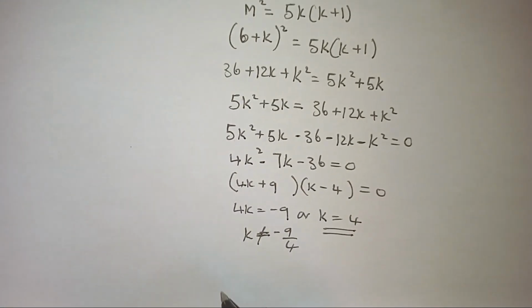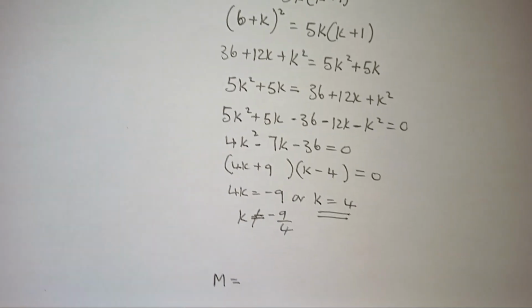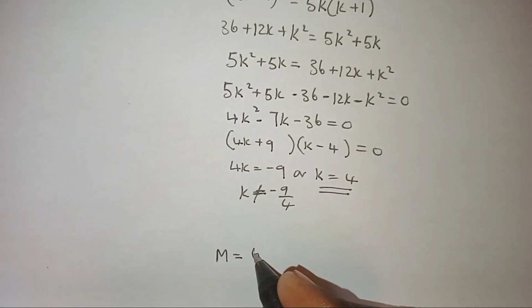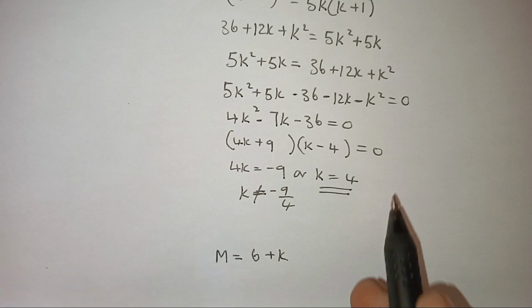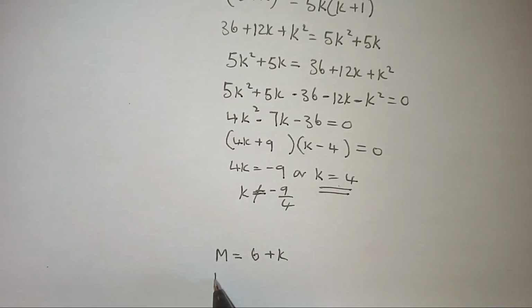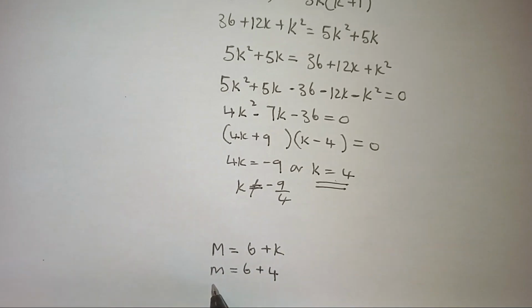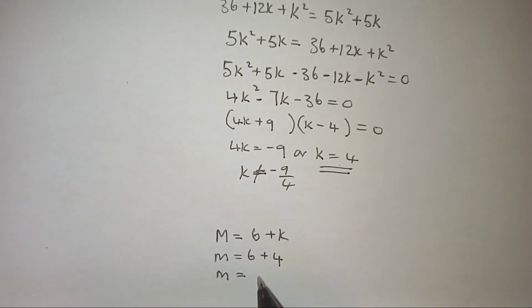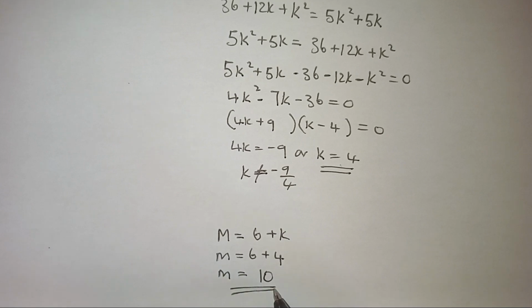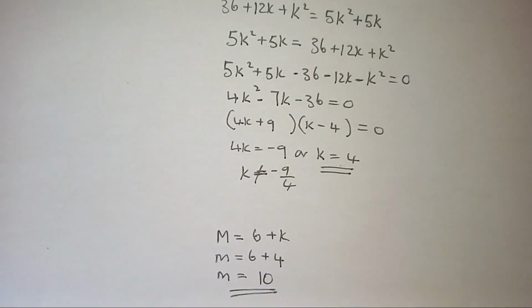Equation 1 was m is equal to 6 plus k. But we found our k, which means in place of k, we put that 4. And our m will be equal to 10. Okay, so now those are the values of k and m, both of them being positive integers.